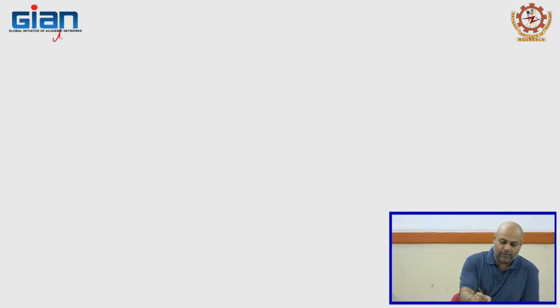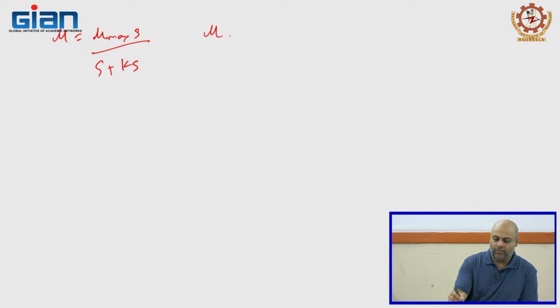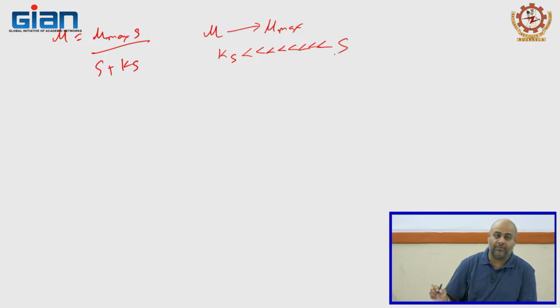So, the very first thing, let us start with what your mu is. So, mu is your mu max S over S plus K s, right, and your mu will become mu max under a specific scenario when your K s is very small compared to your substrate.